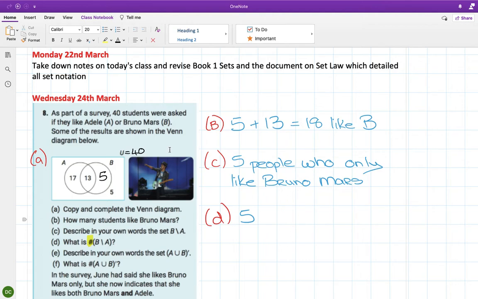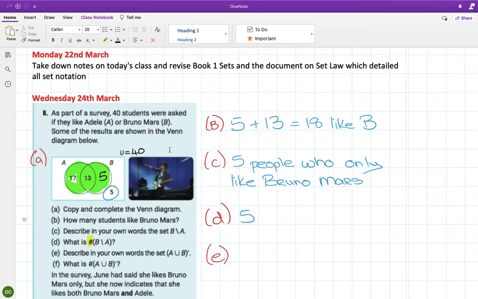Again, describe in your own words A union B complement. Okay, so A union B complement. So here's A union B. And remember, the complement is everything outside of that. So we're talking about these 5 people here.